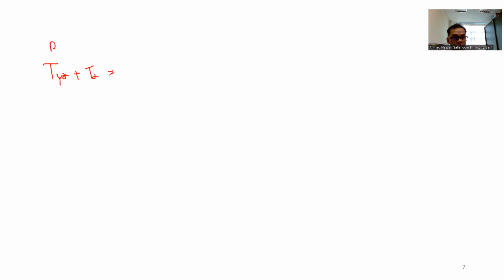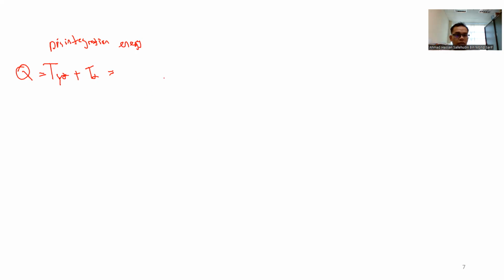This is the energy released during the decay. The sum of both kinetic energies is usually expressed as Q.